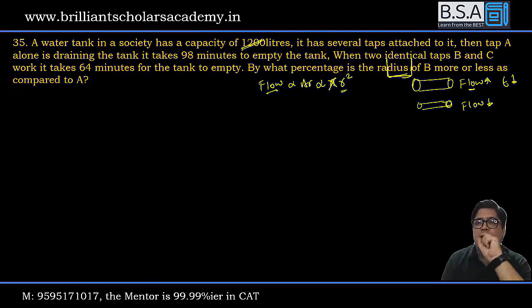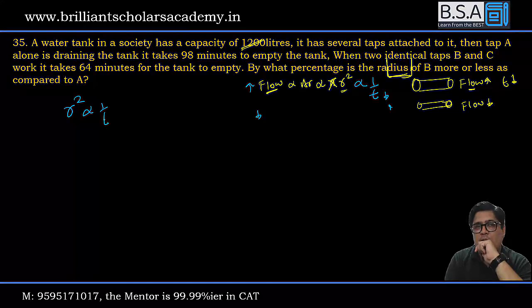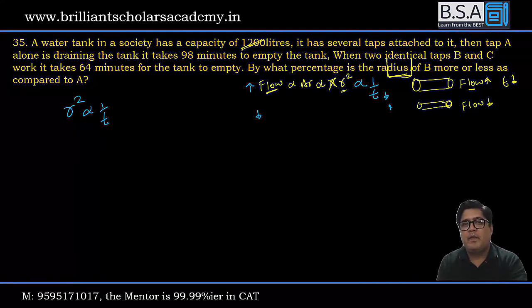I am saying flow, language पे ध्यान देंगे. Please follow the language. Flow is inverse of the time. More flow, less time; less flow, more time. So basically you are telling me radius square is proportional to 1 by time. ये समझा क्या आपको?